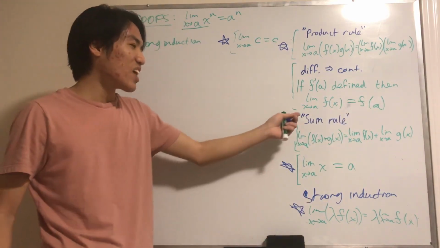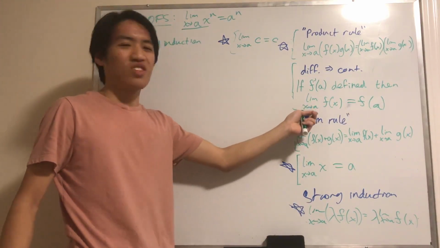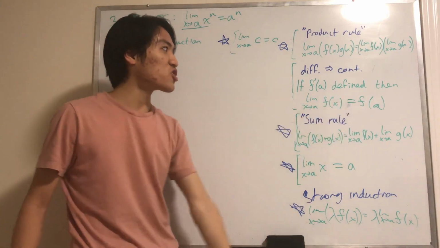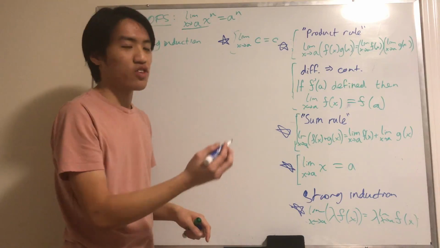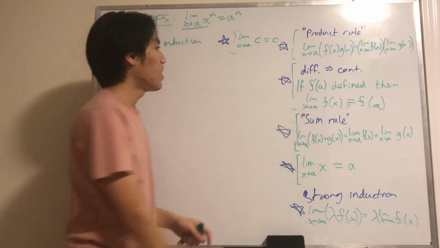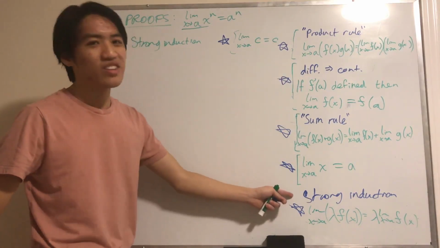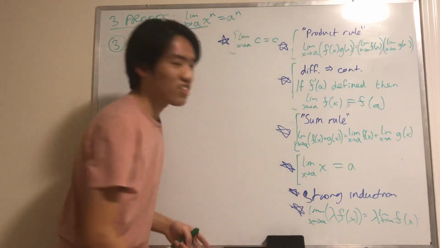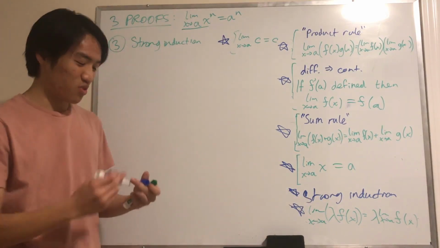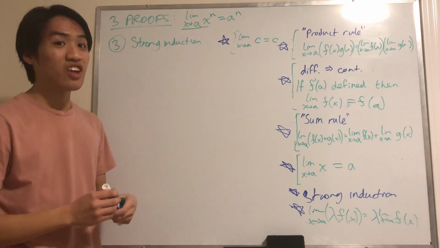In other words, you can actually substitute the value you're approaching into the function, and that is the limiting value as well, by definition of continuity. And of course, we're going to use this fact, strong induction. It's just another thing that you need to know to understand this proof. So, very unelementary.